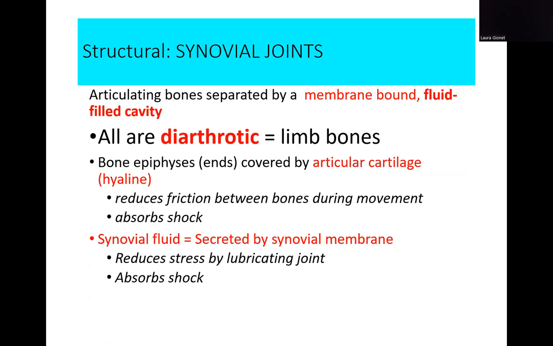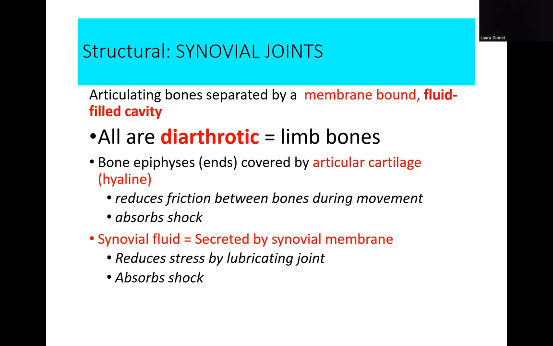So all these structurally classified synovial joints, when it comes to functionally classifying them, are going to be diarthrotic, which means highly movable. Fibrous joints and cartilaginous joints may be classified as either synarthrotic or amphiarthrotic. But all synovial joints are considered diarthrotic functionally, and vice versa.